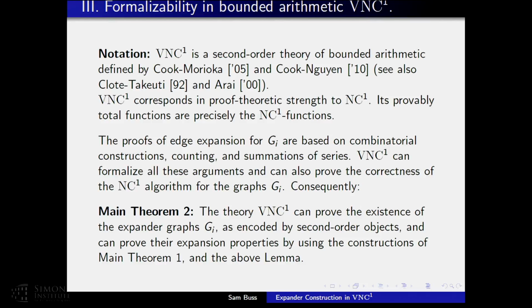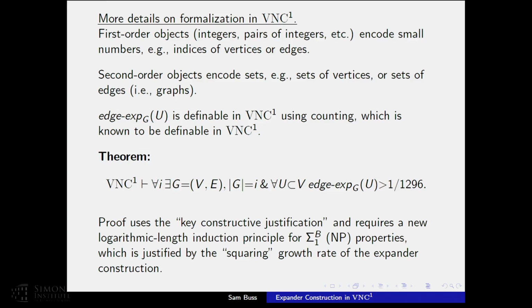To give a little more detail here, but not much more: VNC1 deals with first order objects and second order objects. First order objects encode things like vertices, indexes, and edges as pairs. Second order objects encode sets, which is sets of vertices or sets of edges, that is to say graphs.